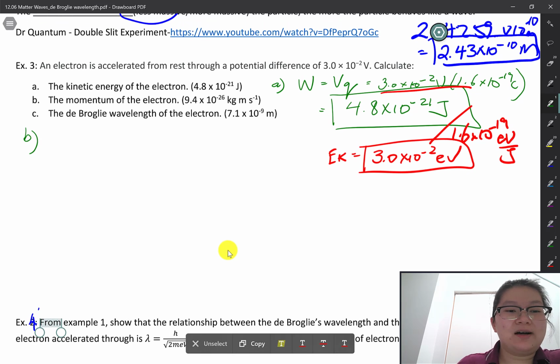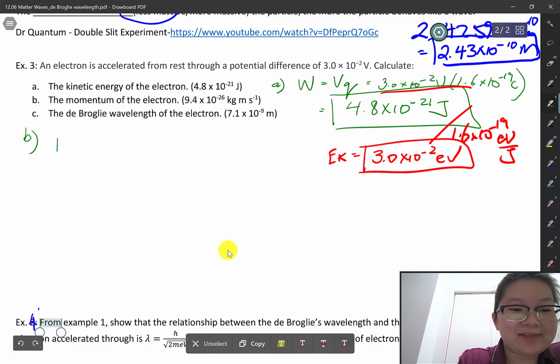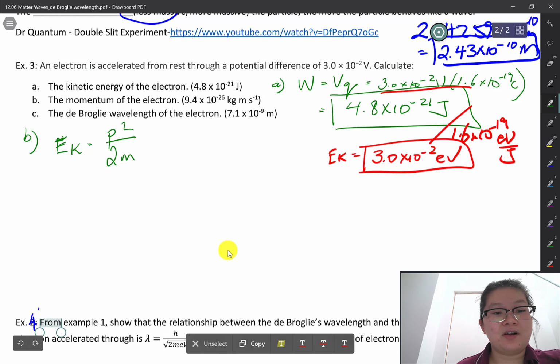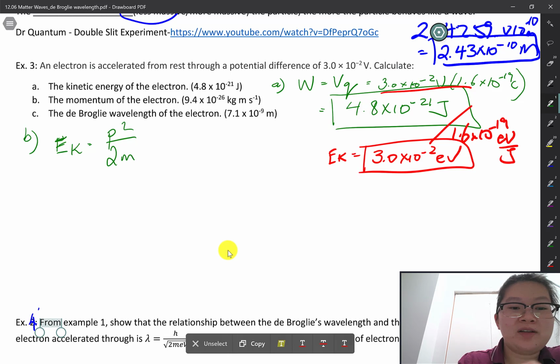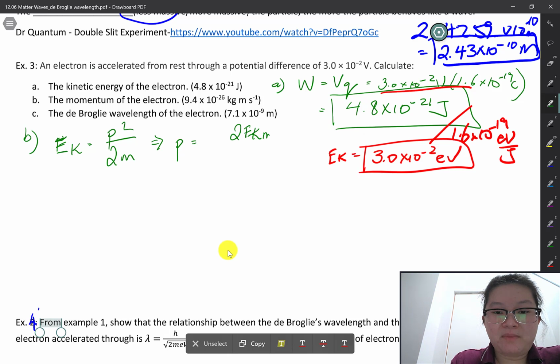So for momentum, since we have the kinetic energy there, we know that in our data booklet we have this relationship in which the kinetic energy is equal to the momentum squared over 2m. Classical theory there. If we want to solve for the momentum, rearranging this, momentum is equal to the square root of 2 times the kinetic energy times the mass.